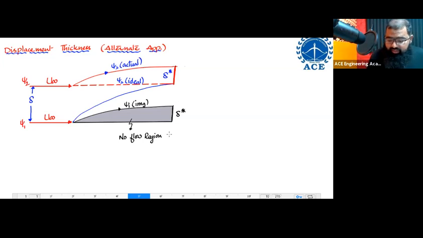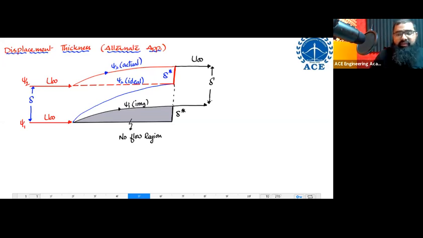If psi 1 also got displaced up, psi 2 also got displaced up, the entire mass flux is moving with uniform velocity profile as it is. And this distance is again going to be equal to delta star.